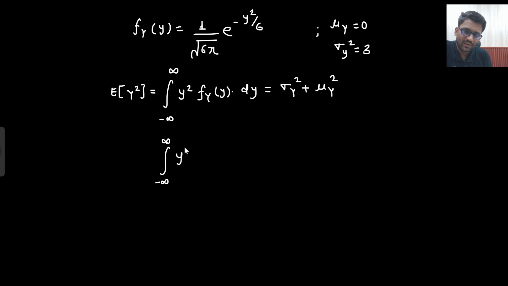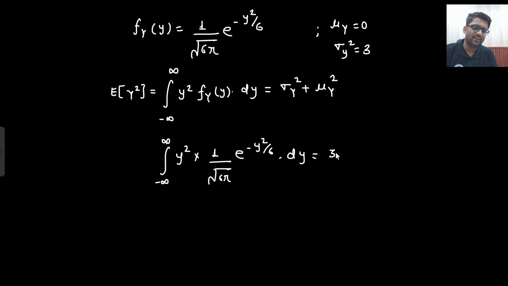So here you can see, the integral from minus infinity to infinity of y square into 1 by under root 6 pi e to the power minus y square by 6 dy would be equal to sigma y square, which is 3, plus 0.